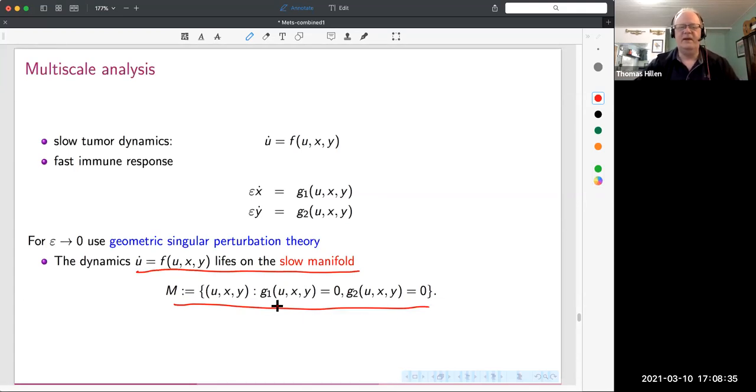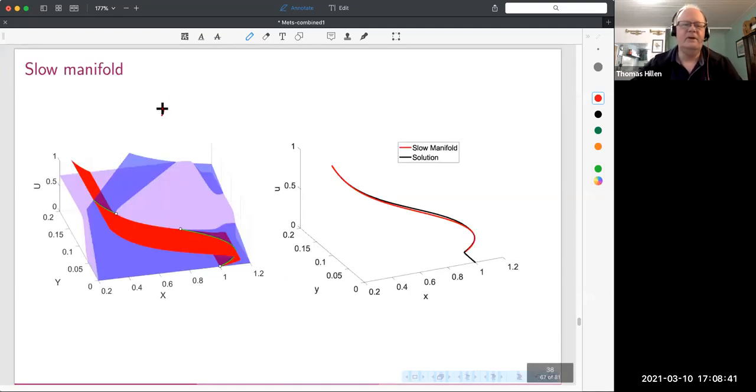And so where these 2 planes intersect, this is where we have a slow manifold. And this is what is shown here. So this picture is essentially incomprehensible. So somehow you're intersecting the blue plane with the red plane, and where they intersect, you get the green line, and the green line is a slow manifold M.